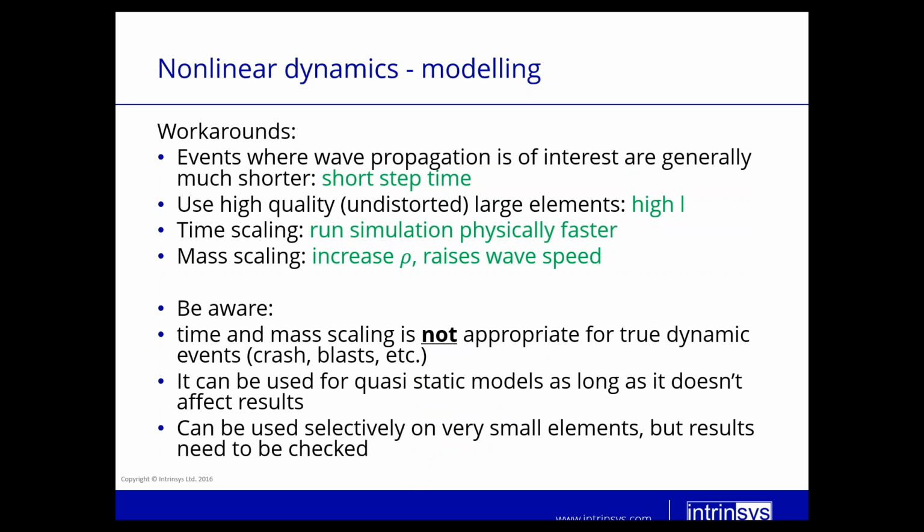So how can we ensure that this delta T stays high? We can first of all look at the problem, and we have to know, are we actually running it for a full second? Because lots of the dynamic problems, for example blast or crash, don't last a second.